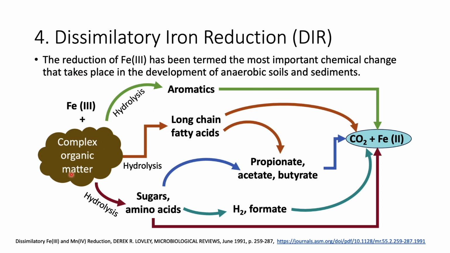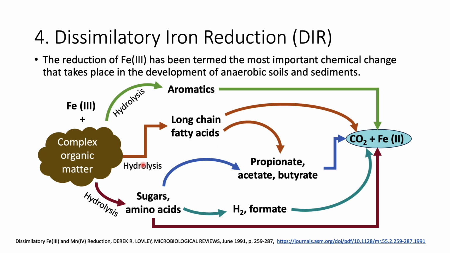So here is the complex organic matter, and we also have iron 3+ that exists in that soil. One of the reactions is hydrolysis. There are different types of hydrolysis reactions occurring. One is the hydrolysis which leads to aromatics, and these aromatics are further converted to carbon dioxide and Fe2+.